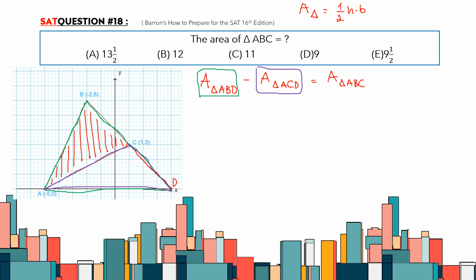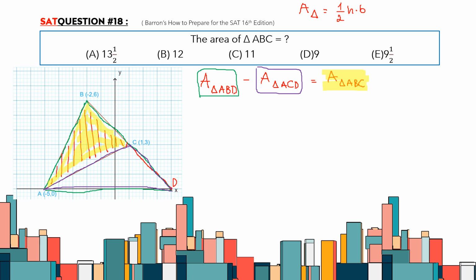Okay, so that is our target. Now for triangle ABD, I will choose AD as the base because it's on the x-axis, so we can count the units on the x-axis.